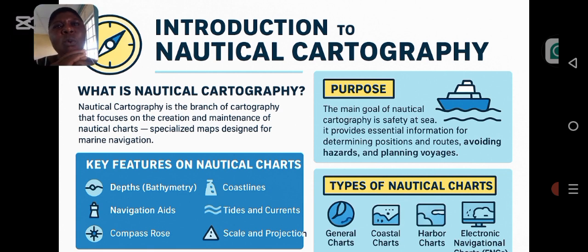Now, when you see a chart like nautical, or when you see a map, what will aid you to know that this is a nautical chart, that it is not aeronautical, it is a nautical chart? So the features that you will see are, as you see on the screen there, bathymetric data.